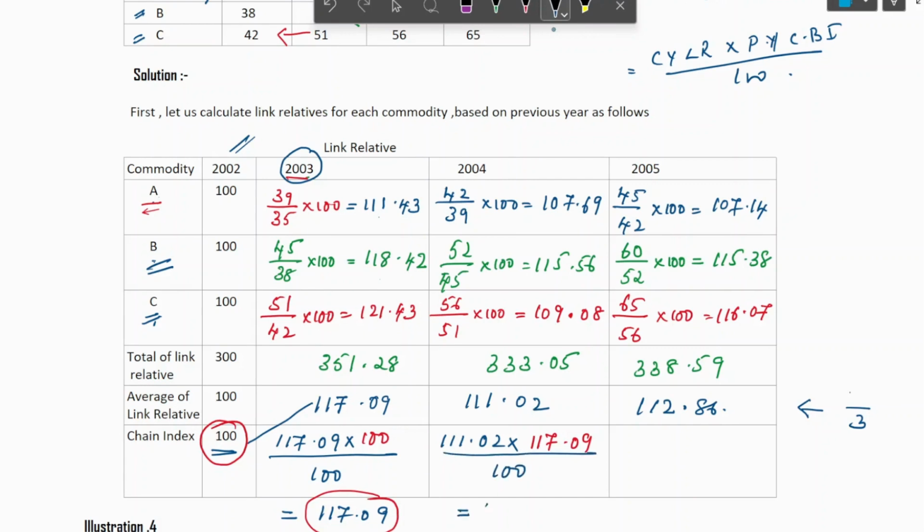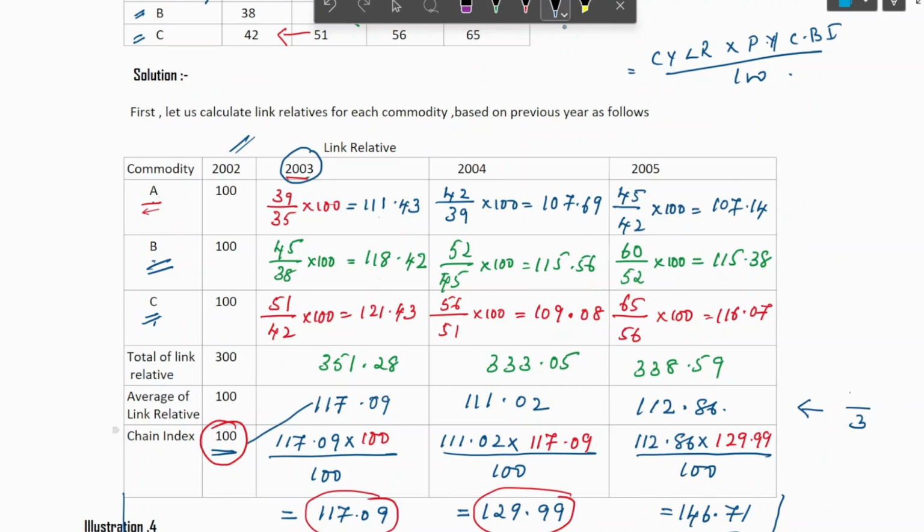The value is 129.99. Now the last one, current year 112.86 into previous year chain base, this one, 129.99, whole divided by 100. In the last value you are getting 146.71. This way you are completing your table.